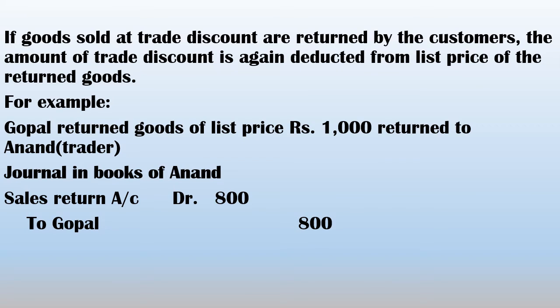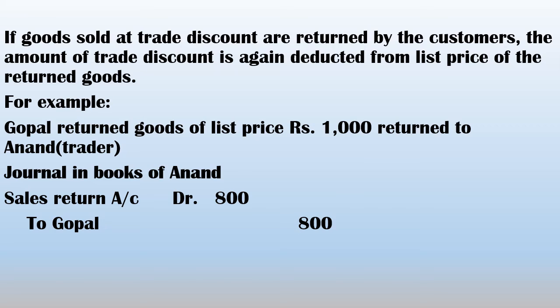To Gopal rupees 800. So when sales was our income, we had credited sales. Now when the sales return is coming, goods sold are coming back, so it will be debited, and the other name of sales return is return inward.